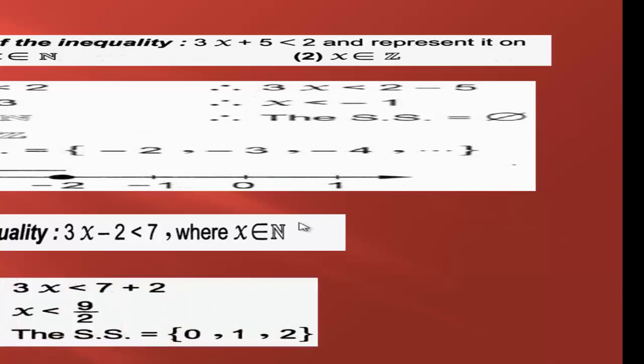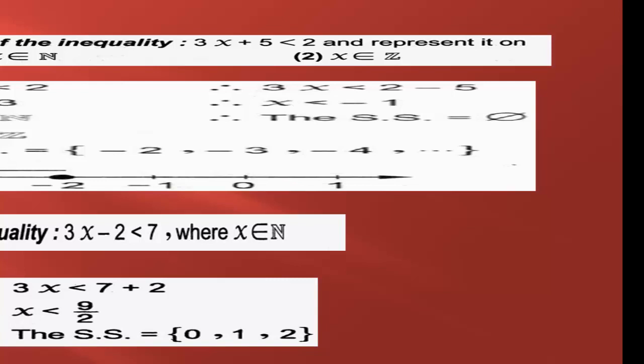The first step, take negative 2 to the other side with a different sign. 3x minus 2 less than 7. 3x less than 7 plus 2. Then 3x less than 9.